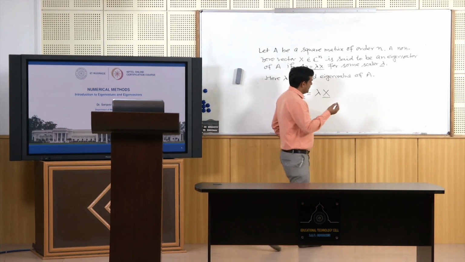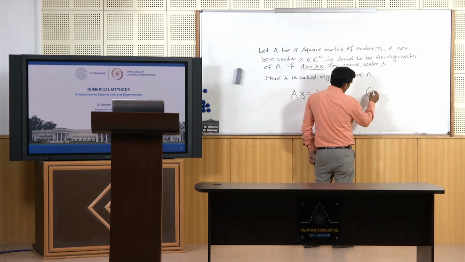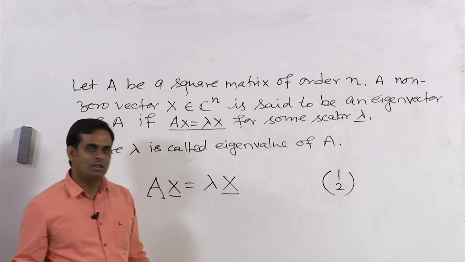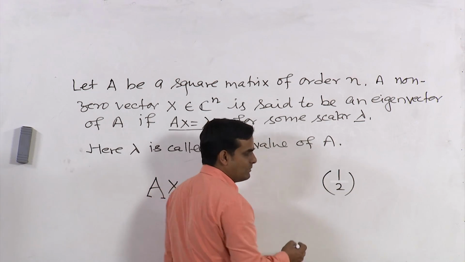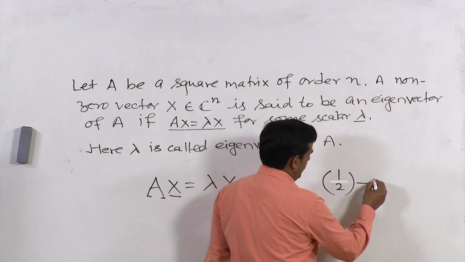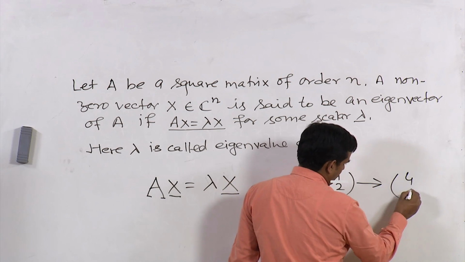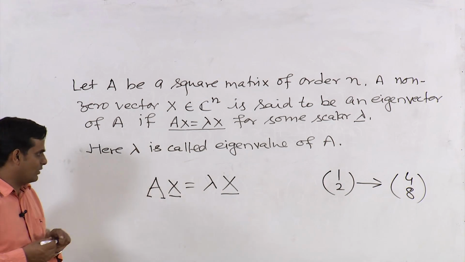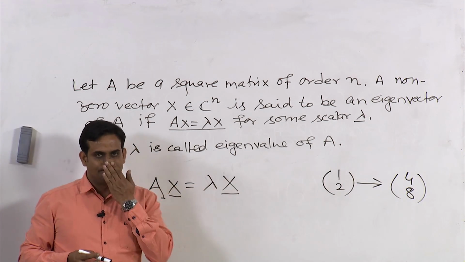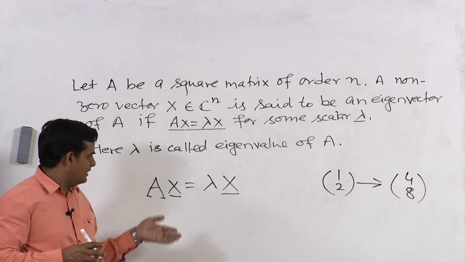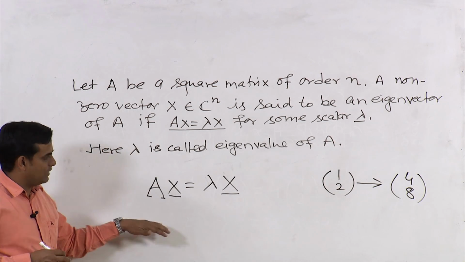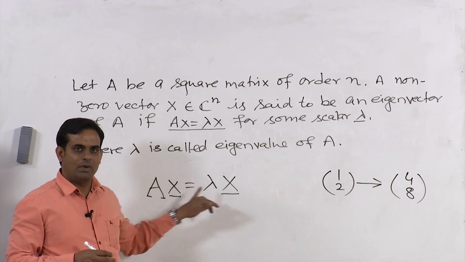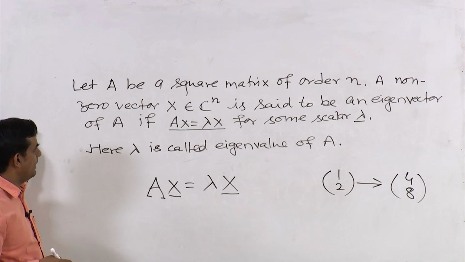For example, in the earlier one I initially had vector (1, 2) and after applying the transformation it becomes 4 times (1, 2), that is (4, 8). So, there was a magnification of the vector by 4 times. This is another interpretation of eigenvalue and eigenvector of a transformation or matrix A.